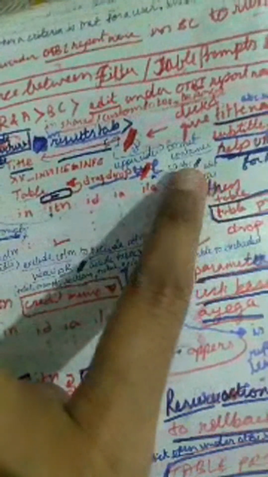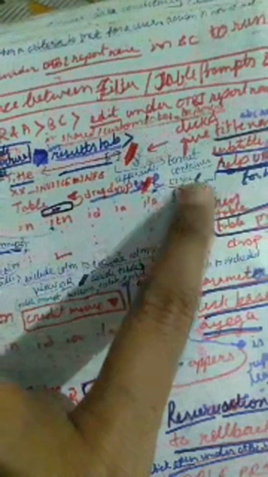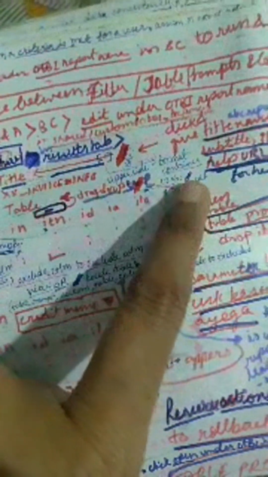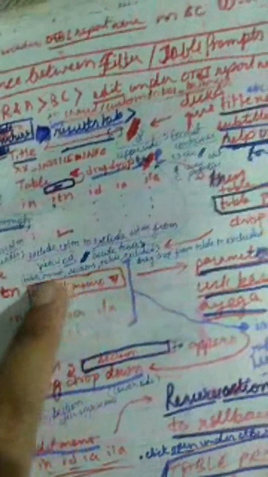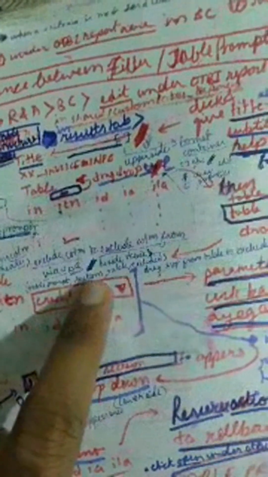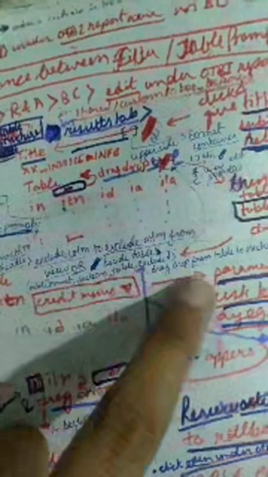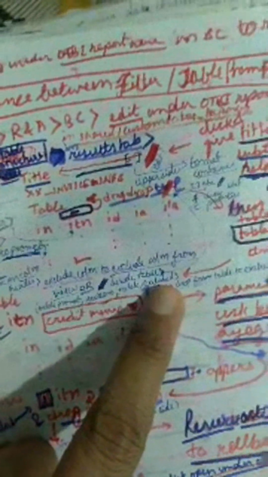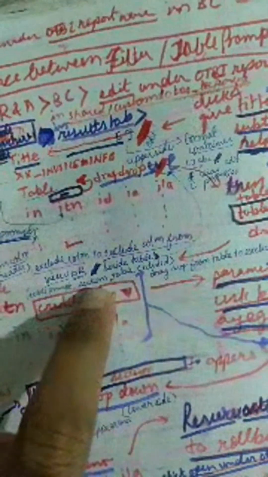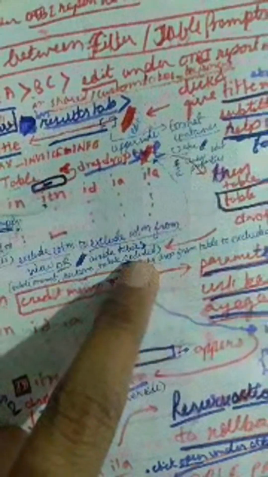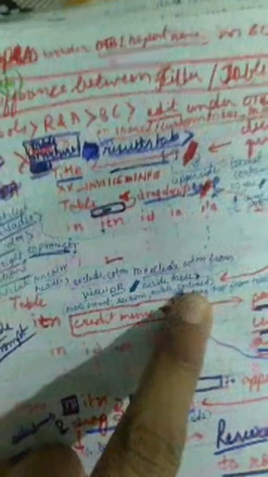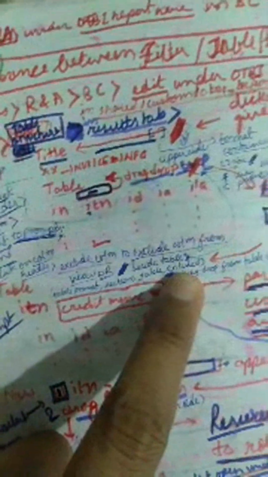Here after the table name, you have format container, view properties, and edit option. So we can click on edit here, and there are four sections. First is table, second one is table prompt, third is sections, and fourth is excluded. Anything that I don't want to show in my final output data, I can drag drop to the excluded section.